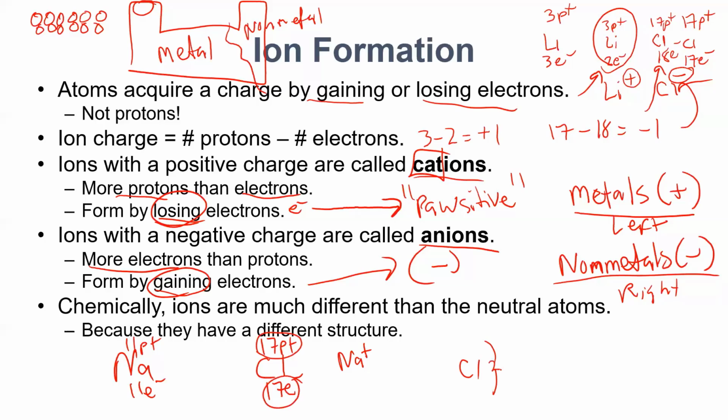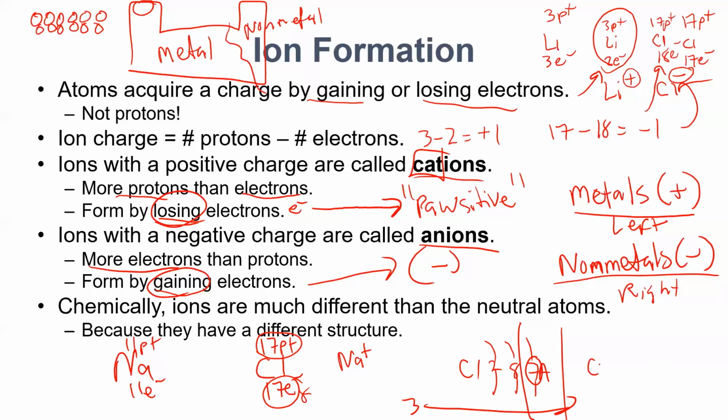So it has 2 in the first, 8 in the second, 2 plus 8 is 10, and it has 7 more electrons. The next 7 go in the third shell. That's why if you look on a periodic table, chlorine's in the third row, the third period, and it's group 7A. And why is it in the 7A column? Because it has 7 valence electrons. Well, it's right next to who? Argon. It wants 1 more electron to be like argon.